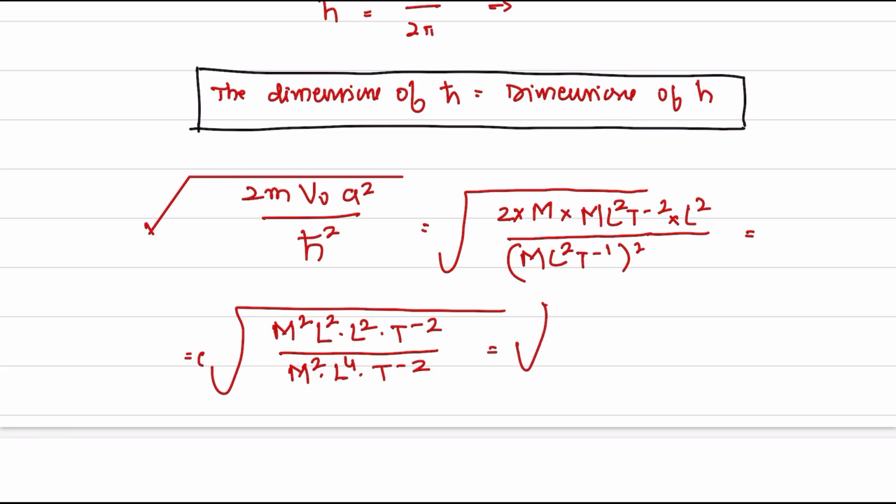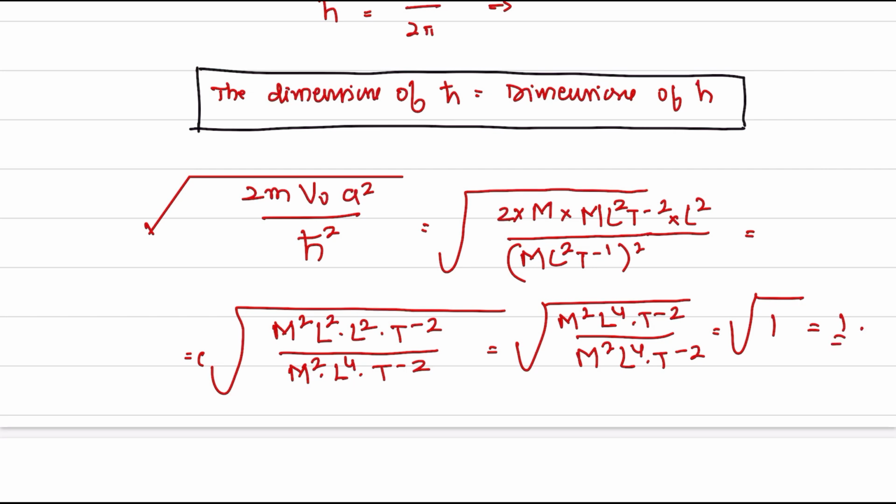That is square root of M square L to the power of 4 T to the power of minus 2 divided by M square L to the power of 4 T to the power of minus 2. That is equal to square root of 1, that is some constant. That means M to the power of 0, L to the power of 0, T to the power of 0.